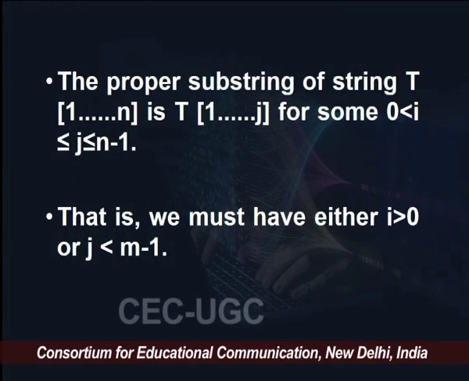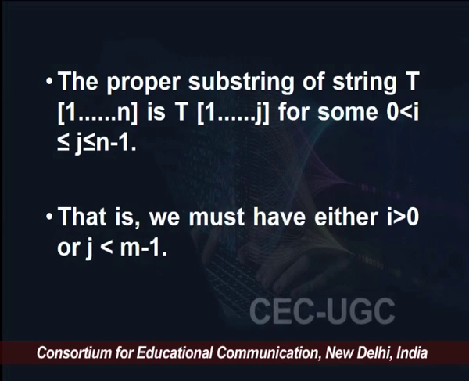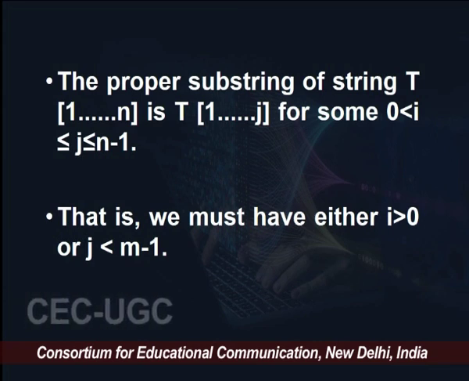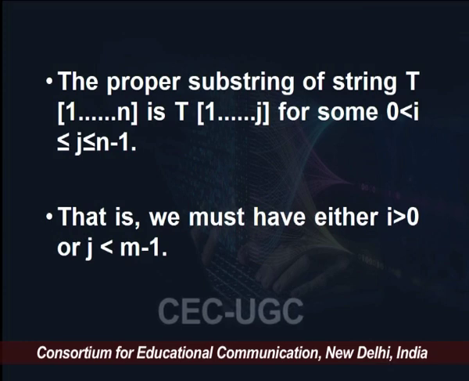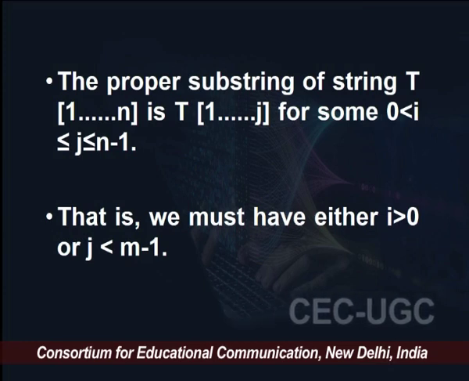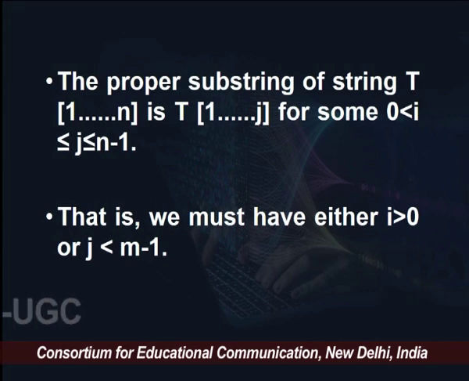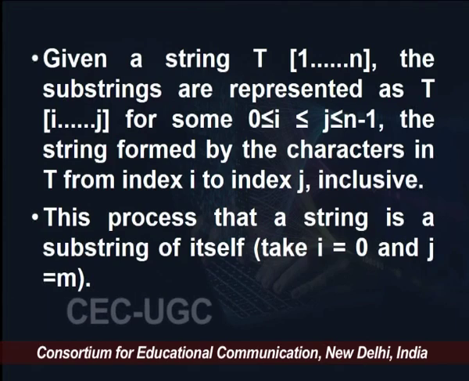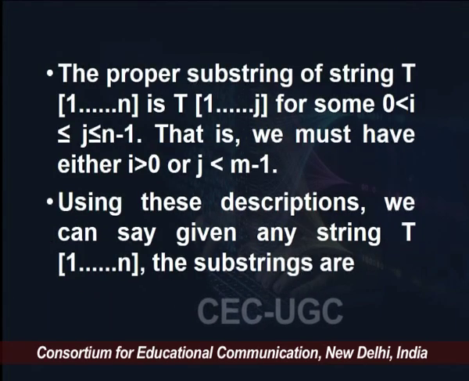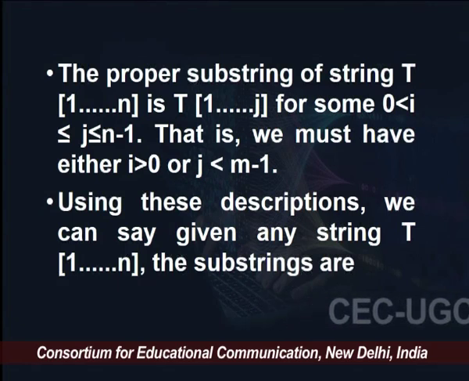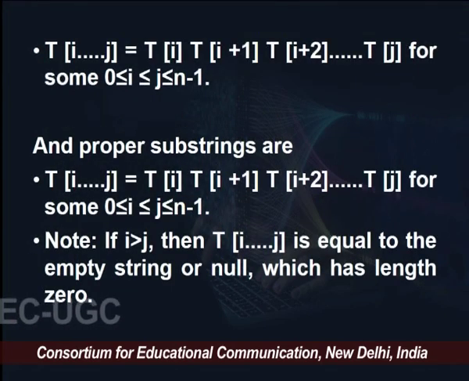So we can say that a proper substring of string T is T[i to j] for the same inequality in which 0 is less than i is less than or equal to j, and j is less than or equal to n minus 1. So we can have a proper substring of string S also, which is also a possible situation.